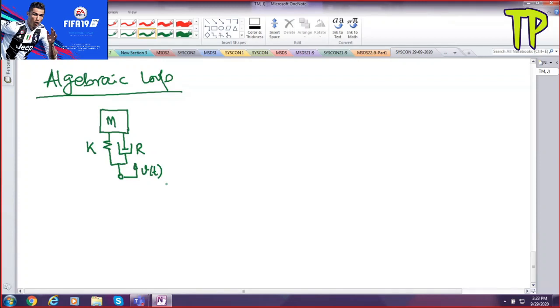So we have a mass, we have a spring, we have a damper, and a velocity excitation from the bottom.